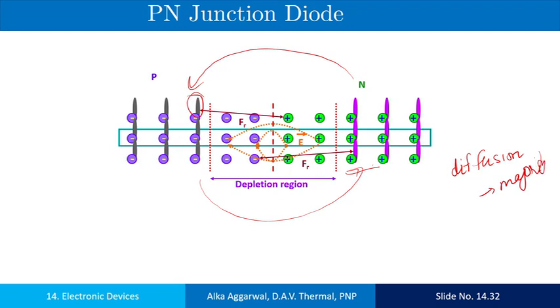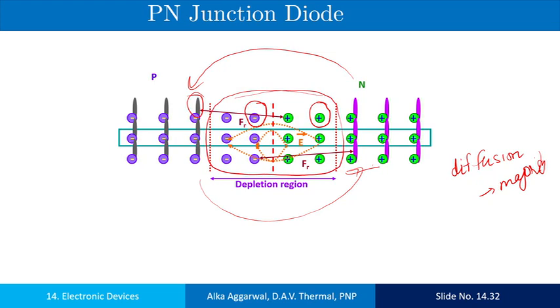As the electron diffuses from n to p, it leaves behind positive ions in the n region near the junction. Similarly, when a hole combines with an electron, it leaves behind a negative ion which is stationary and fixed in the p region near the junction. This region near the junction is devoid of free charges.